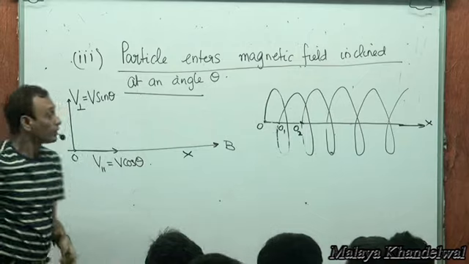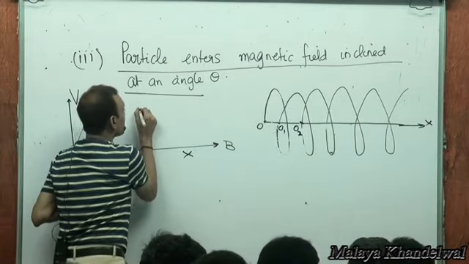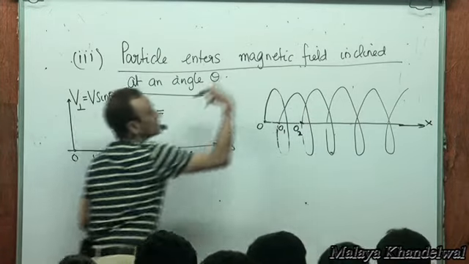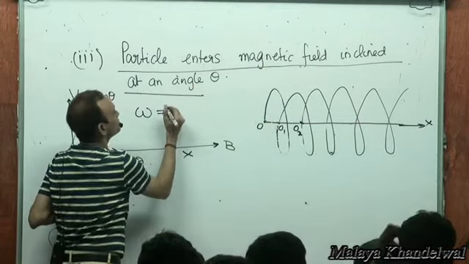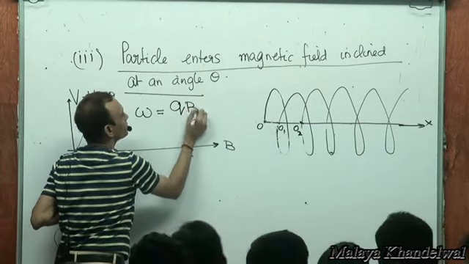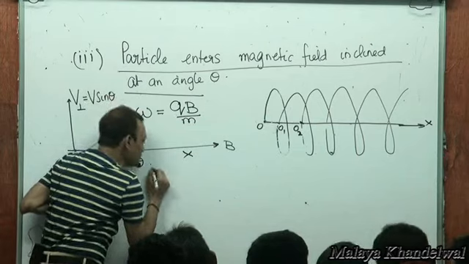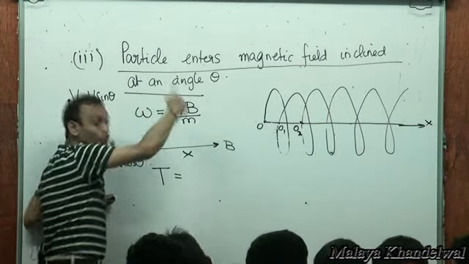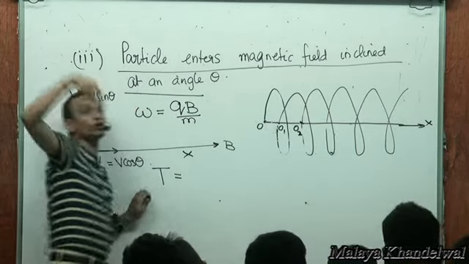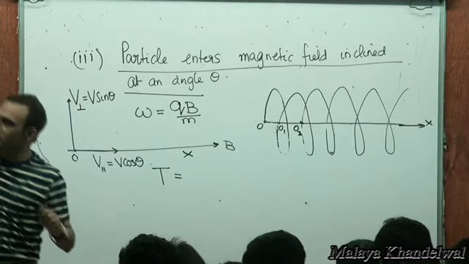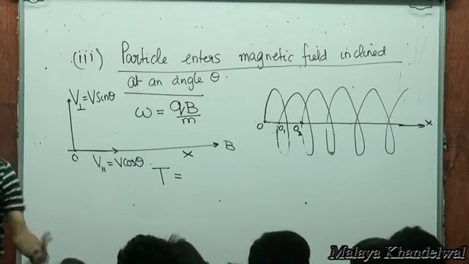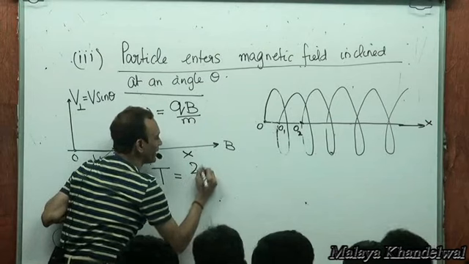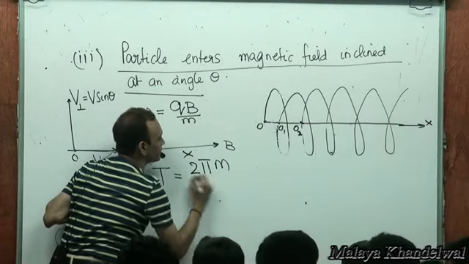Yes or no? So, like I said, omega of this circular aspect of the motion is going to be qB by m. The time period associated with the full 360 degrees rotation, as observed on that screen, is going to be 2 pi by omega. 2 pi by omega means 2 pi m by qB.